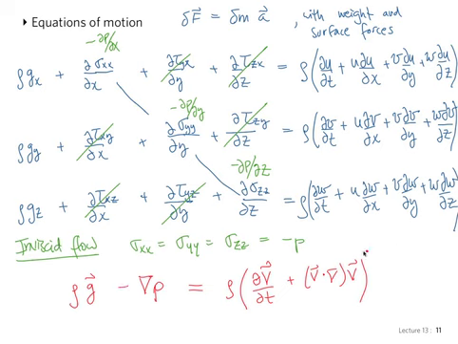This is the inviscid case. This is called the Euler equation, the particular case of the Navier-Stokes equations where there are no shear stresses.